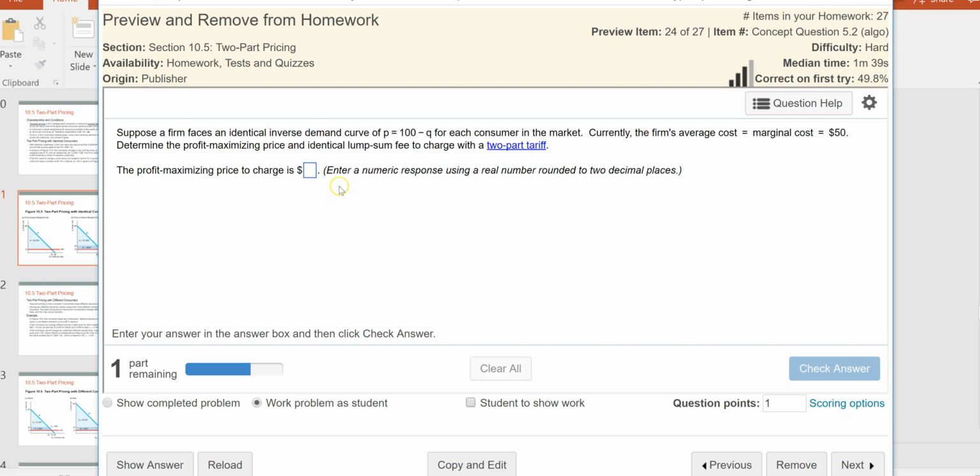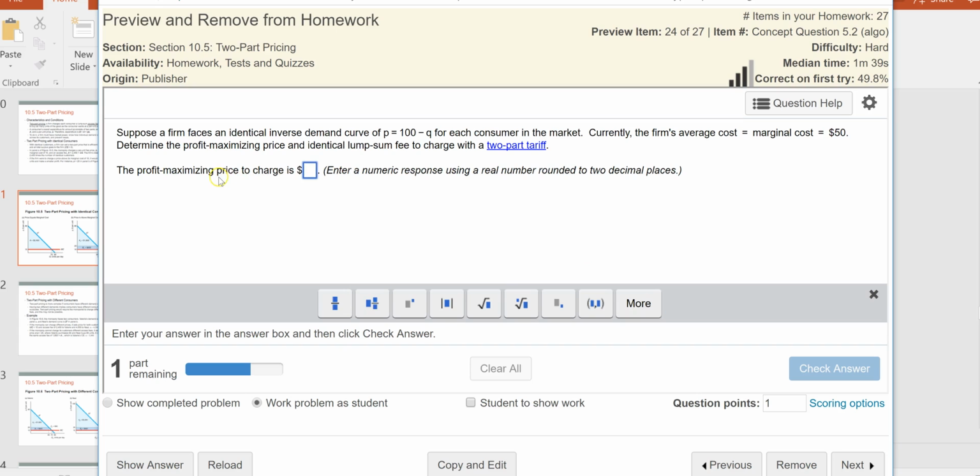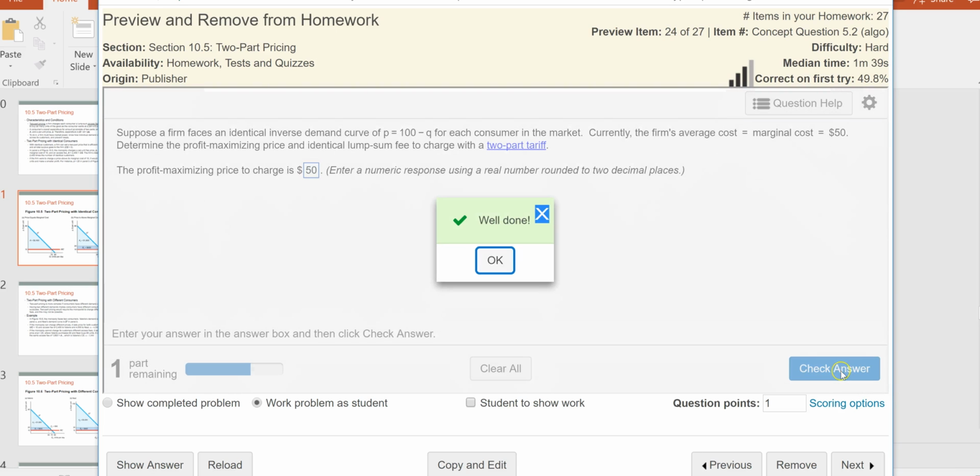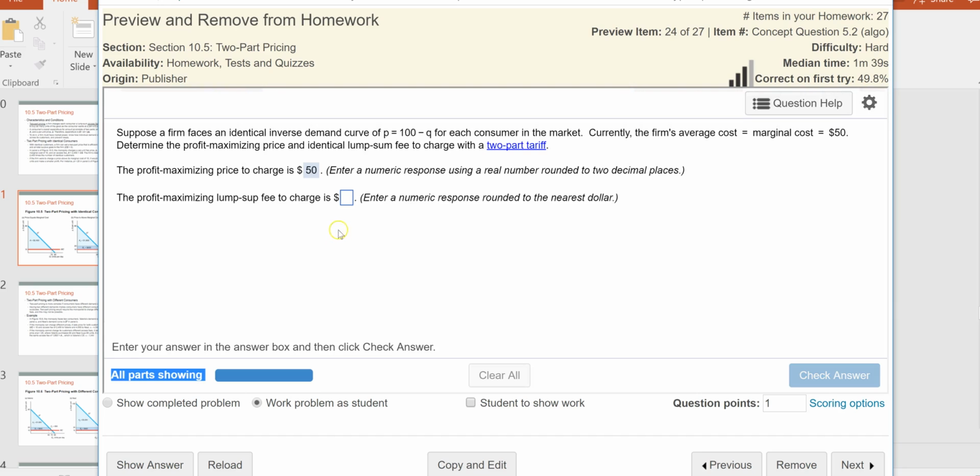The first part of the question is actually very easy to solve. The profit maximizing price is equal to the marginal cost, which is 50 in this case. So now let me check my answer. We're done. And the second part involves some calculation. It asks what the lump sum fee, or the access fee, to charge is.